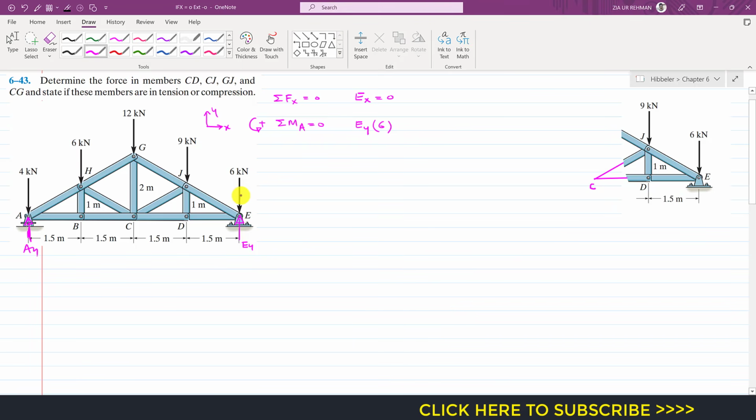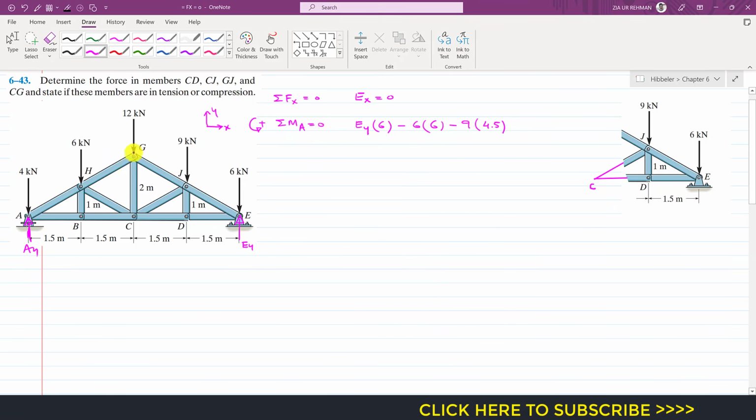Similarly, this 6 kilonewton force is producing the clockwise moment about point A, so I will write minus 6. And again, the moment arm of this 6 kilonewton force is 6 meters from point A, so I will multiply it with 6. This 9 kilonewton force is producing clockwise moment, so I will write minus 9, and its moment arm is 1.5 times 3, so this will be 4.5.